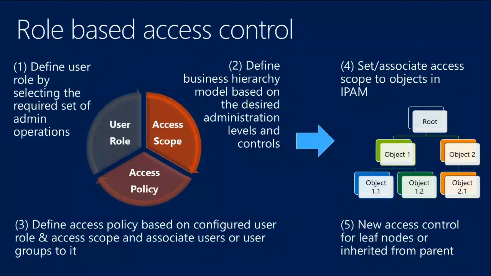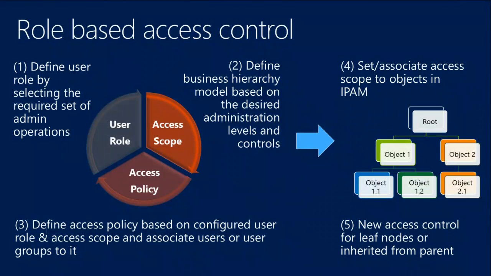Right? Next, you would essentially define an administrative boundary. So let's say your administrative boundary is based on data centers, or your administrative boundary can be based on specific DHCP servers, or even down to a specific DHCP scope. You want to only delegate one specific scope. So that needs to be defined, and that's called access scope in the IPAM role-based access control system.